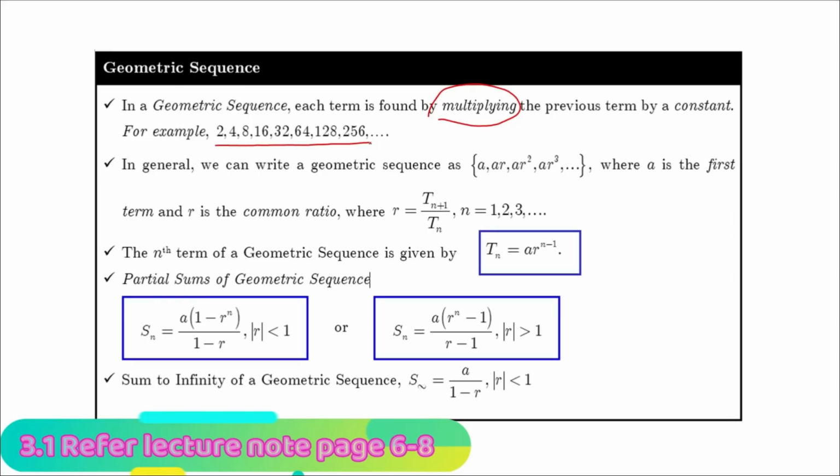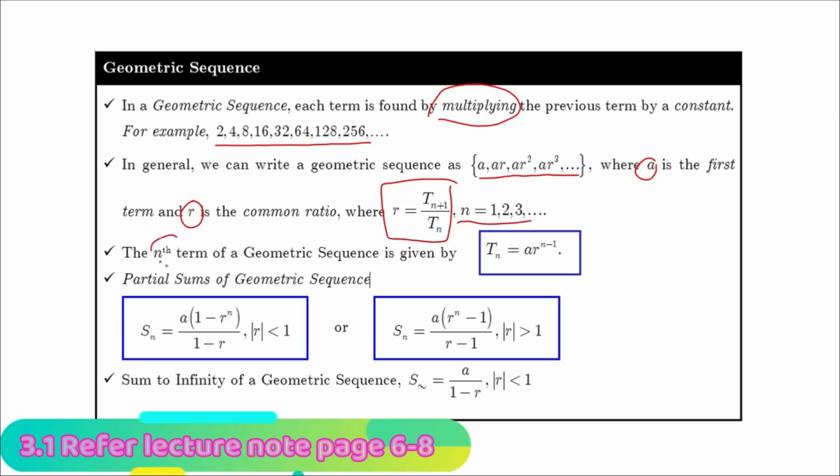So generally, we can write a geometric sequence as A, AR, AR squared, AR cubed, and so on, with A its first term, and R the common ratio, with R equals Tn plus 1 over Tn. And n here is also a positive integer.